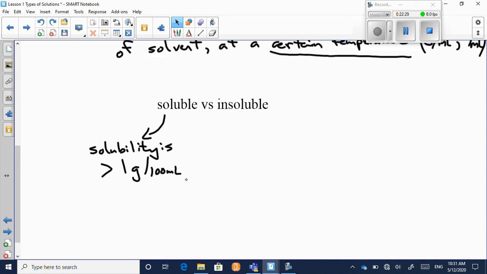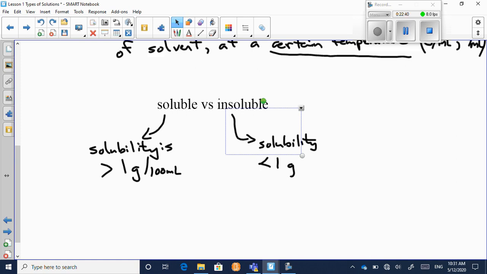And something is considered insoluble if its solubility is less than 1 gram per 100 milliliters. So just remember that something that is called insoluble doesn't necessarily mean that none of it will dissolve.